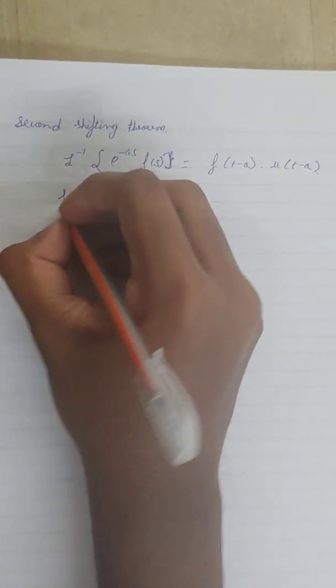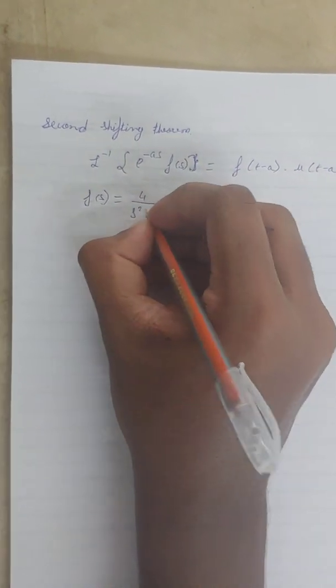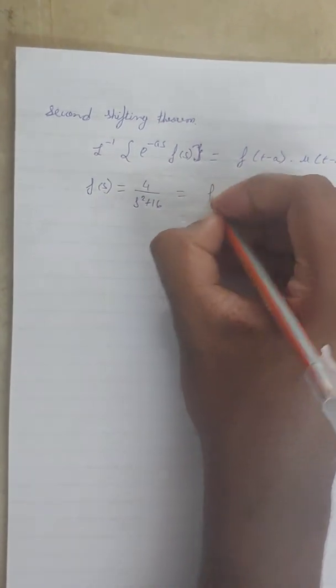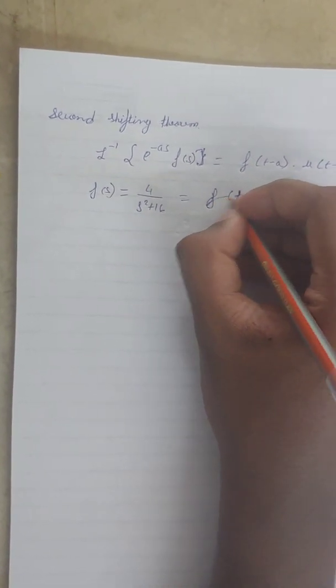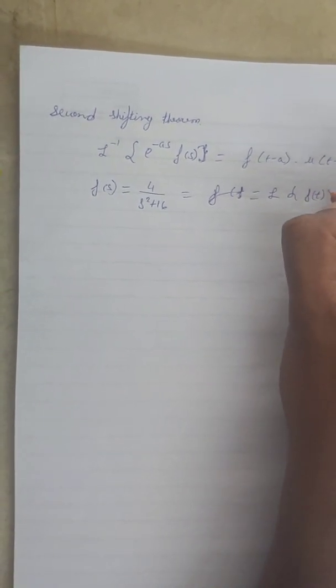So the F of s function here is 4 by s square plus 16, which is equal to Laplace of f of t.